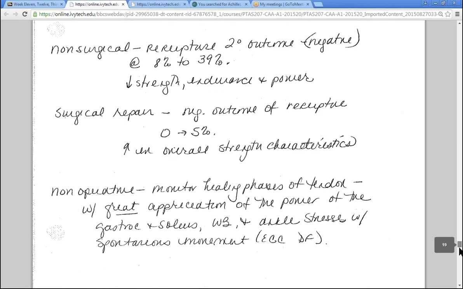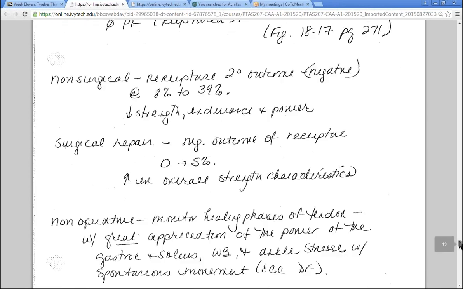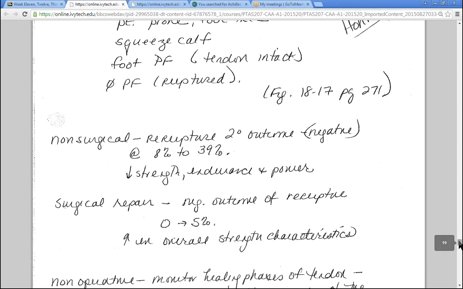What should someone do? For rehab purposes, it says non-surgically, if the patient had a small tear in the Achilles, and they have more of a tendonitis kind of thing, or just a small injury, so that they don't want to do the surgery.